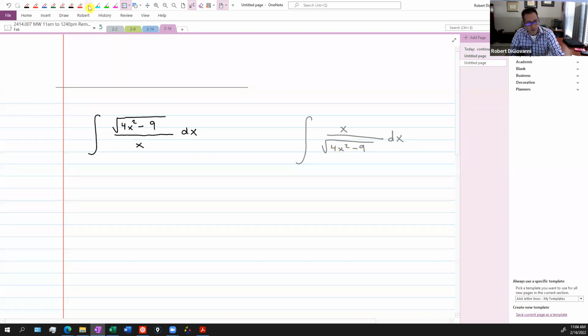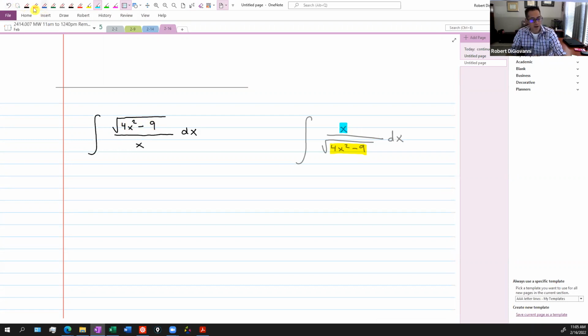Because if we let this be u, the derivative of it is up here. Well, we're off by a constant, because the derivative of this is just 8x, and we're off by 8, but that's okay, we can handle it. We can't do it here because if we let this be u, the derivative of it is in the bottom. And I told you in the very beginning, when you use u sub, you can't have the derivative be on the bottom. So that won't work.